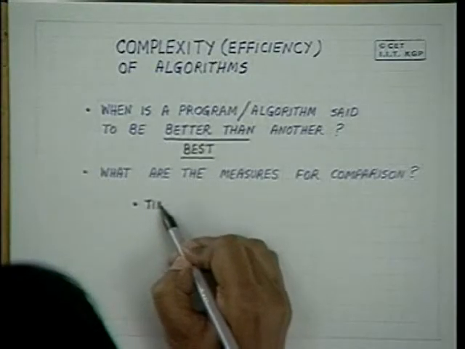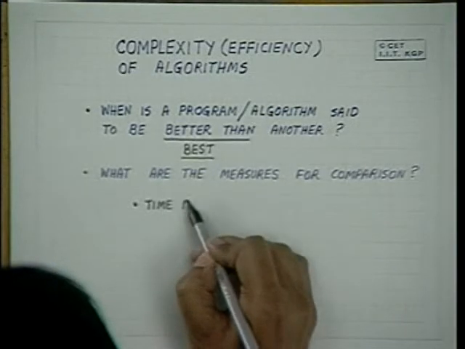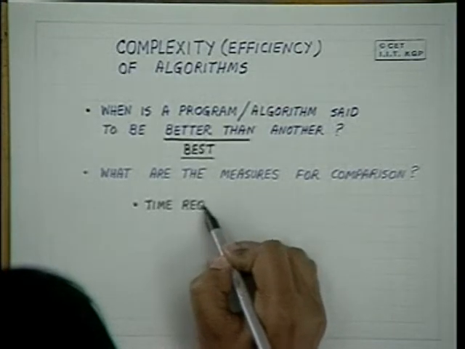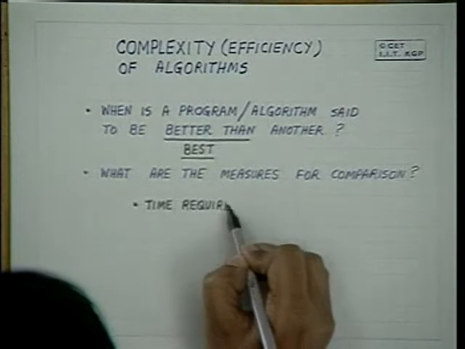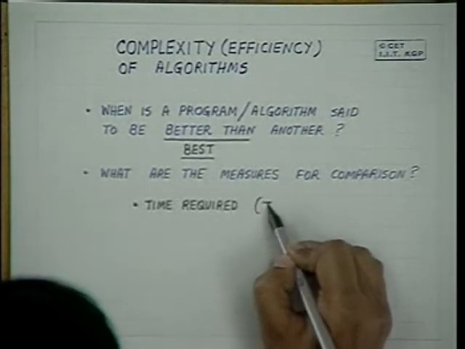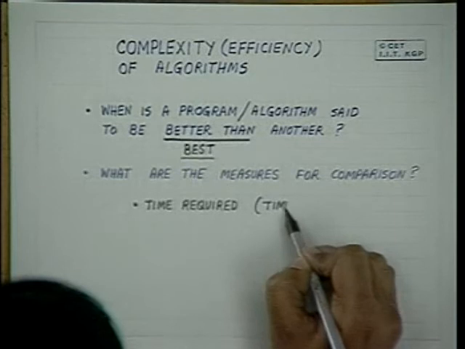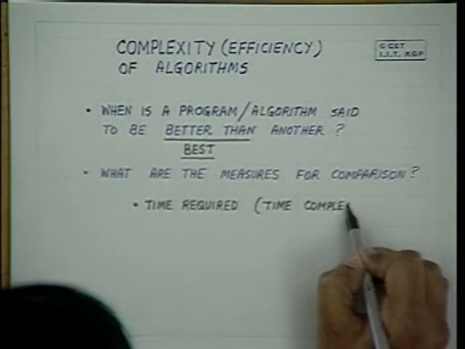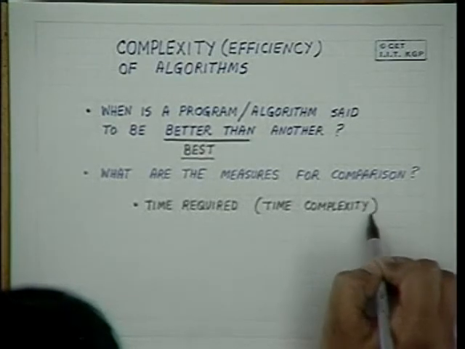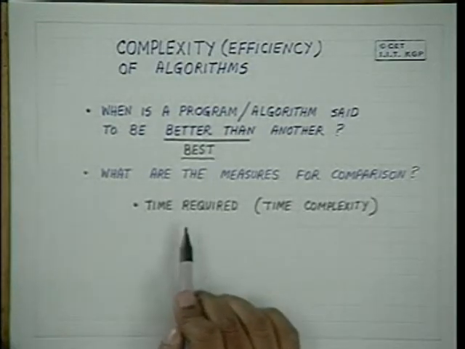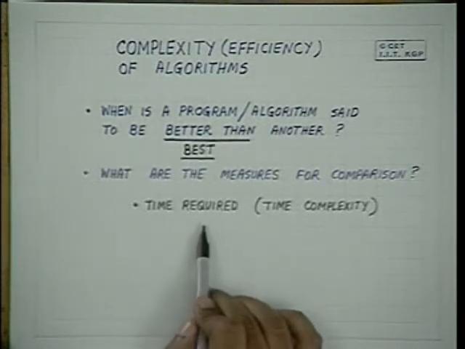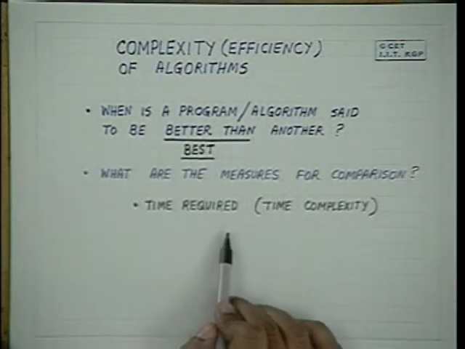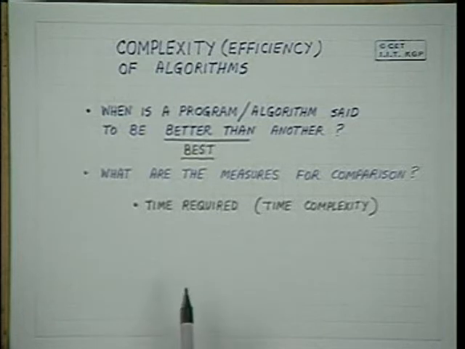The first measure for comparing two algorithms is the time required, also called the time complexity of an algorithm. This is the time of execution of the algorithm, not the time of compilation.